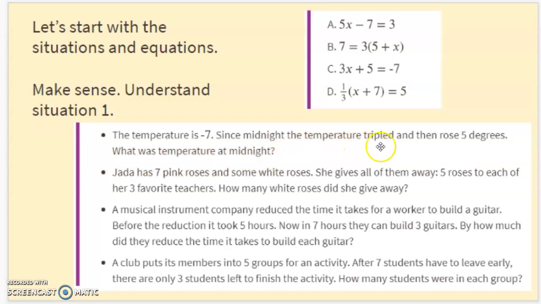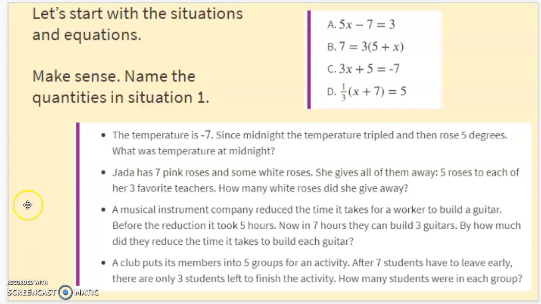Since midnight, the temperature tripled and then rose 5 degrees. What was the temperature at midnight? This problem is about the temperature changing. Did you figure out if the temperature is increasing or decreasing?